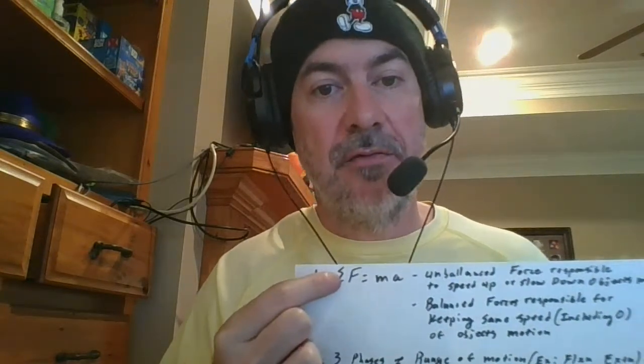It takes unbalanced forces. So not every force causes an object to speed up or slow down. Not every force causes a change to an object's motion. Only unbalanced forces, leftover forces. When I say leftover forces, I mean something has to be greater than something else. And if there's only one force, then that has to be greater.